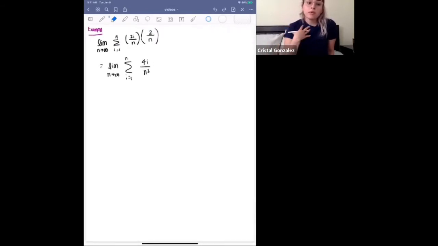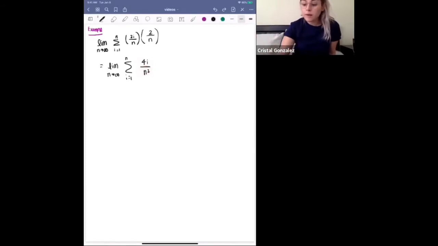Okay, so moving on. Now what we want to do is evaluate this limit. To evaluate this limit, we're going to factor out that 4 over n squared, because remember, this 4 over n squared has nothing to do with i. Our index is i, and that's what we need to keep in the sum. As long as this doesn't involve i, we can factor it out.